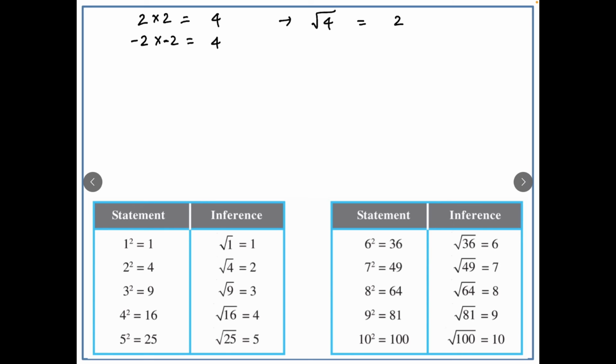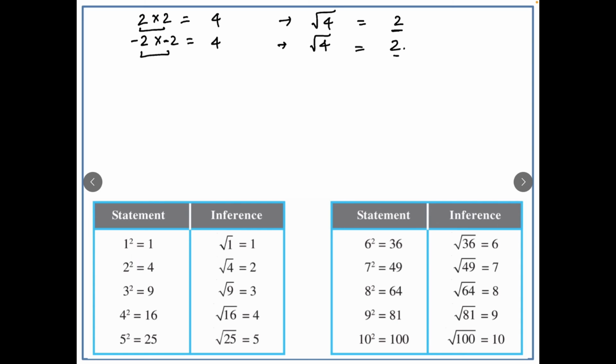So again we get plus 4, and the square root of plus 4 is again plus 2. When we multiply two positive natural numbers, we get a positive square root, and when we multiply two negative numbers, we again get a positive number.